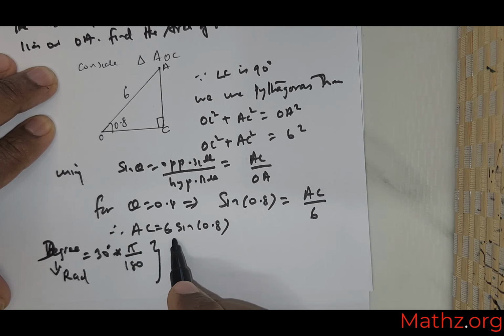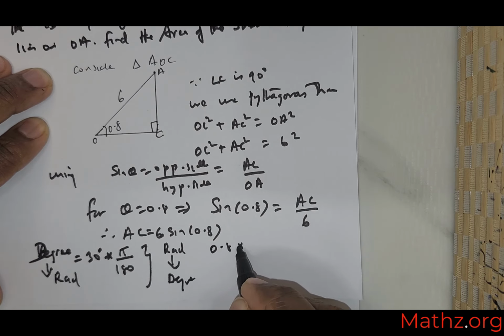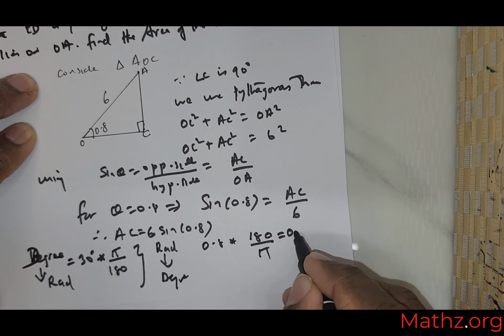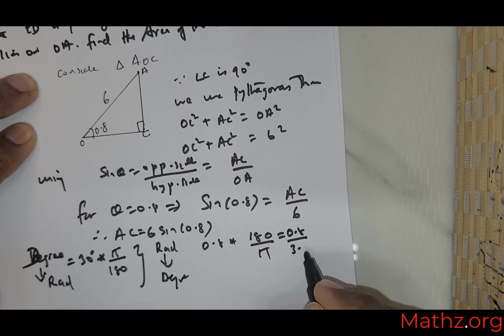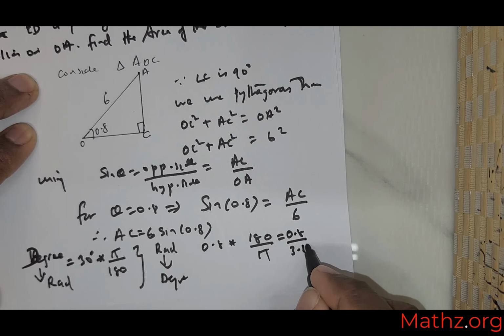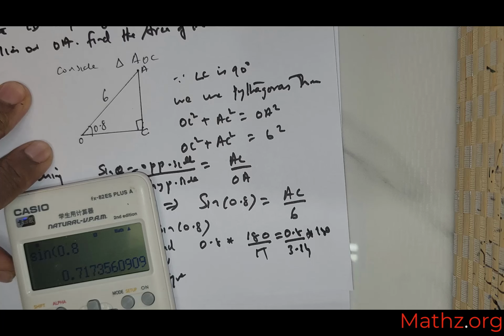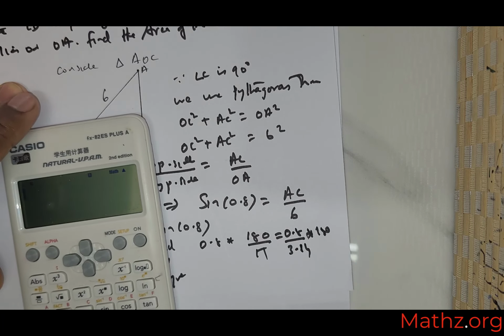Now I want to convert radians to degrees. So what would I do? I take the 0.8 and multiply it by 180 over pi. But what is the value of pi here? Pi is 3.14. Because my calculator does not have that extra feature, I'm just adopting this measure.